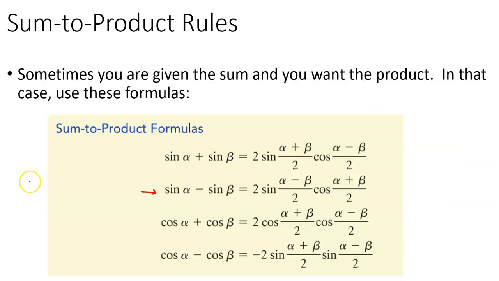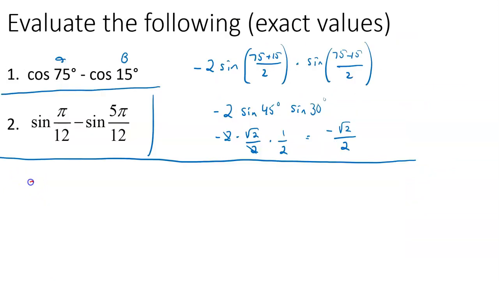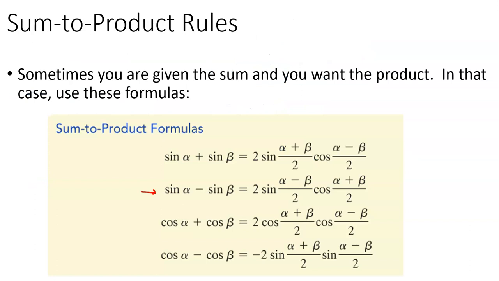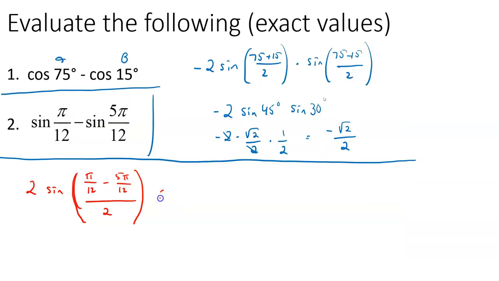So the formula says take 2 times the sine of pi over 12 minus 5 pi over 12 over 2, right? So 2 times the sine of alpha minus beta over 2 times the cosine of alpha plus beta over 2.